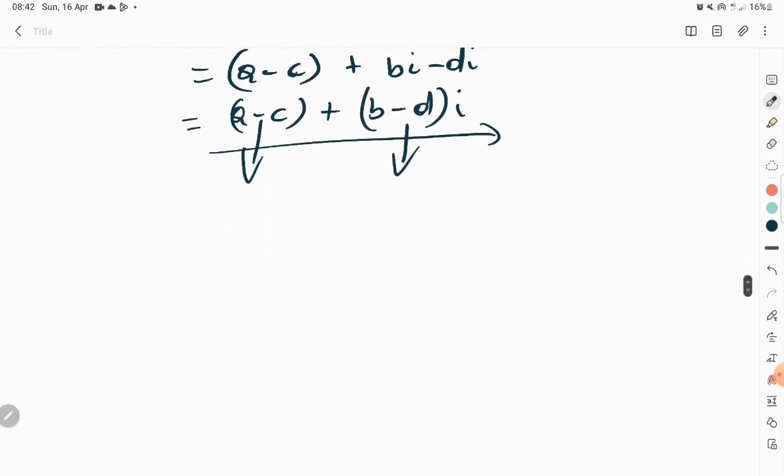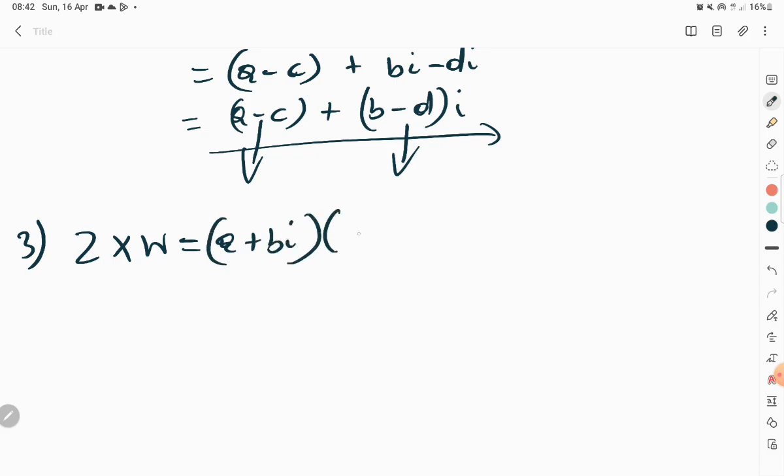So you can see that even here the real part is on its own and the imaginary part is also separated. Now let's check if we multiply the complex numbers. Number 3, let's multiply z times w. Our z is a plus bi, then times c plus di. We're multiplying them, so we need to expand now.